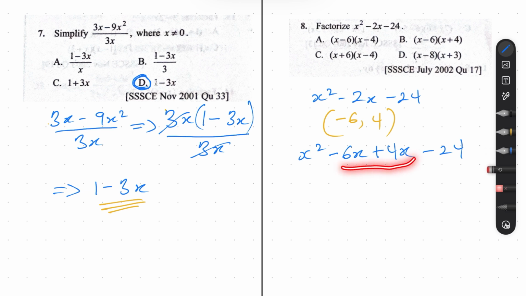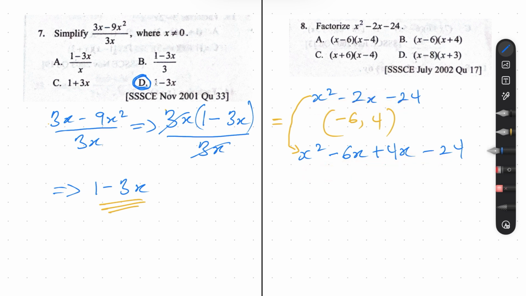We just put it in, because if you simplify this, you still return to negative 2x. So this expression is the same as this expression, right?